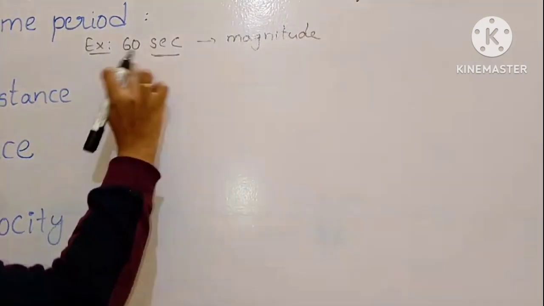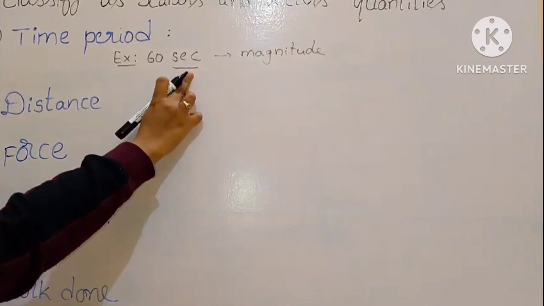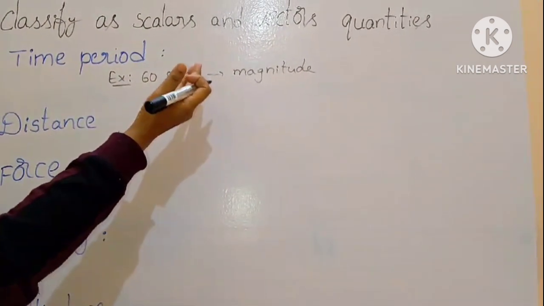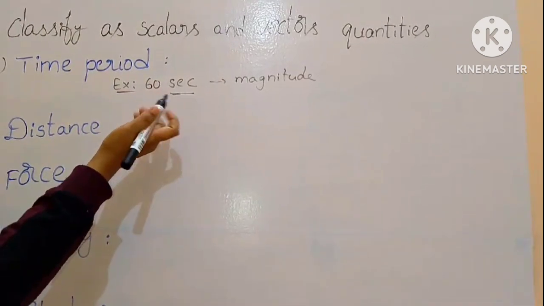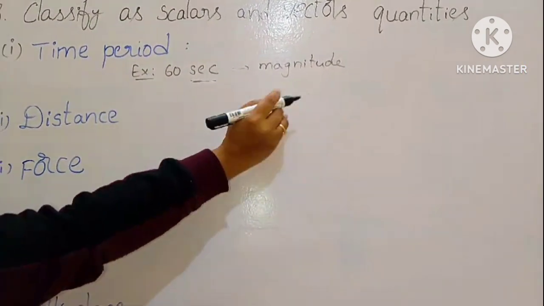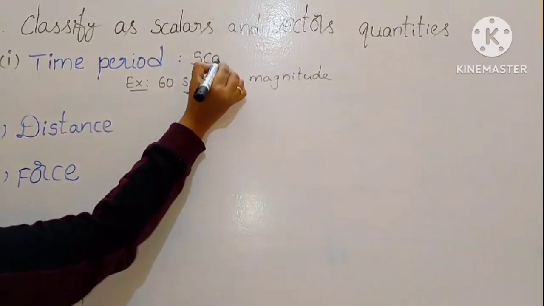In this, no direction. Suppose if they mention a direction for the 60 seconds, it is vector. But they didn't mention the direction. It has only seconds, that is magnitude. So, the time period is scalar.